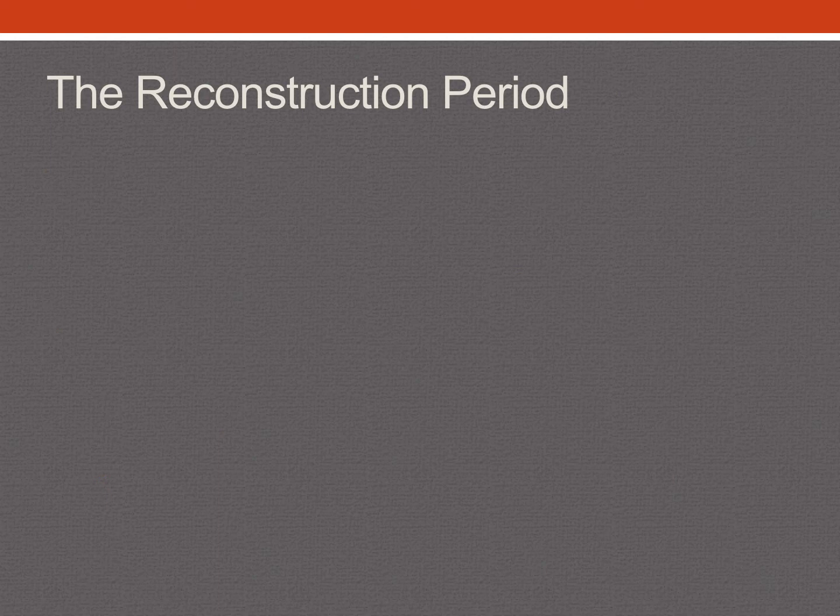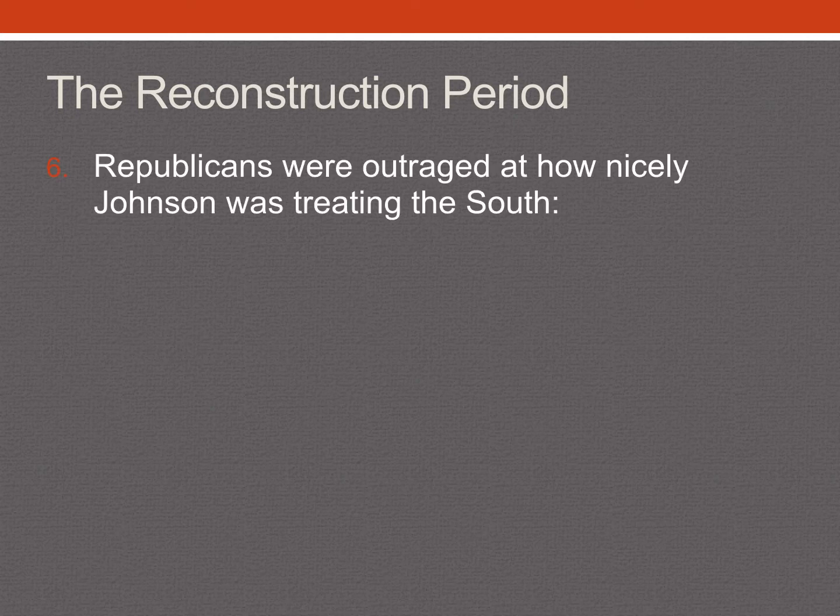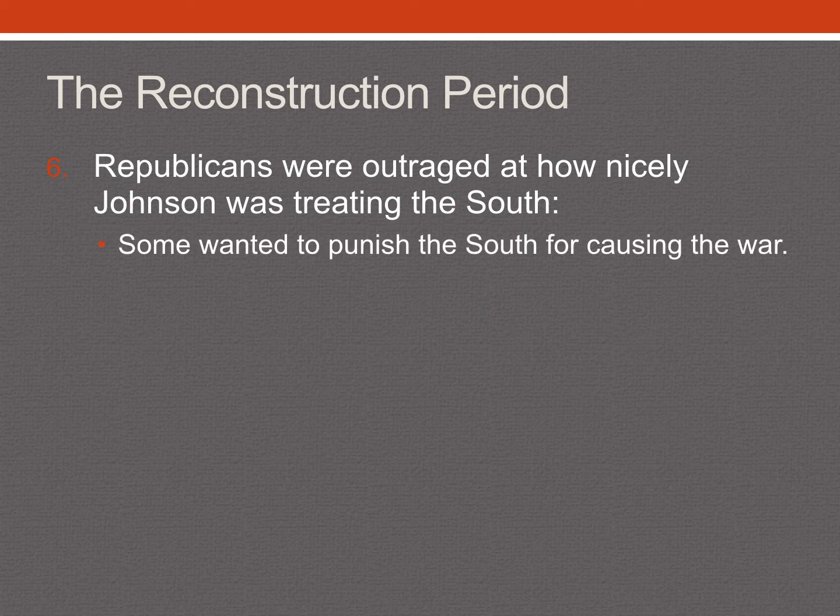Now, Congress at the time was controlled by Republicans, and Republicans across the North were outraged at how nicely they thought Johnson was treating the South. Some Republicans in the North wanted to punish the South for causing the Civil War. They thought the South was to blame, and there needed to be repercussions, and the South would have to pay for those.